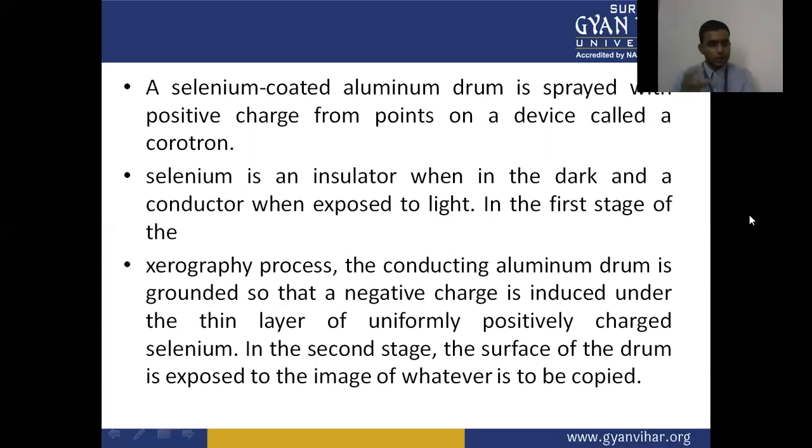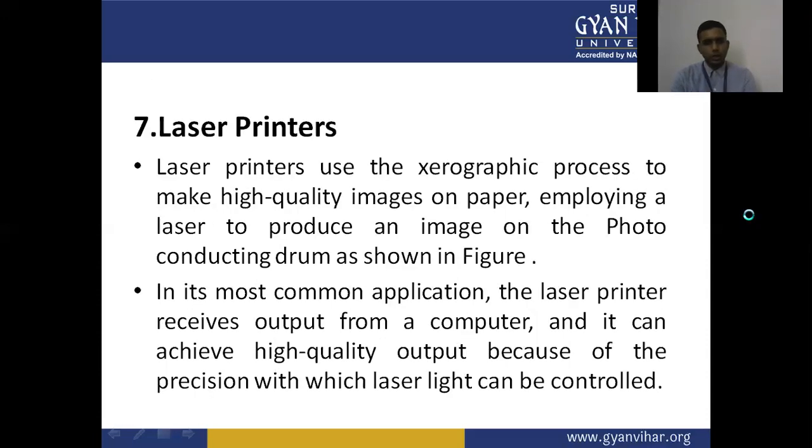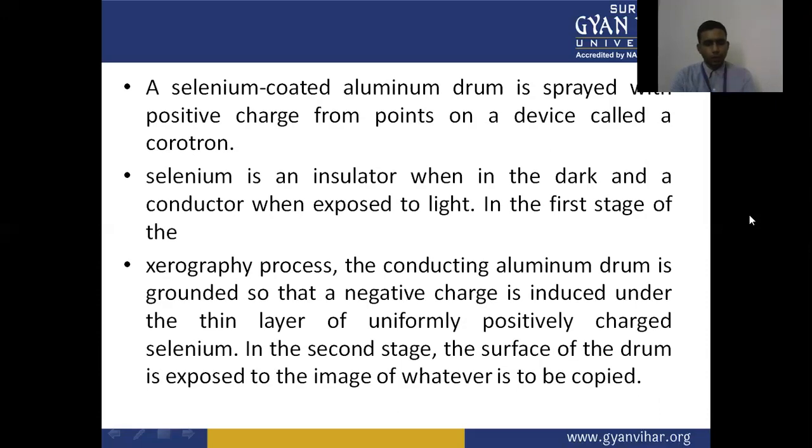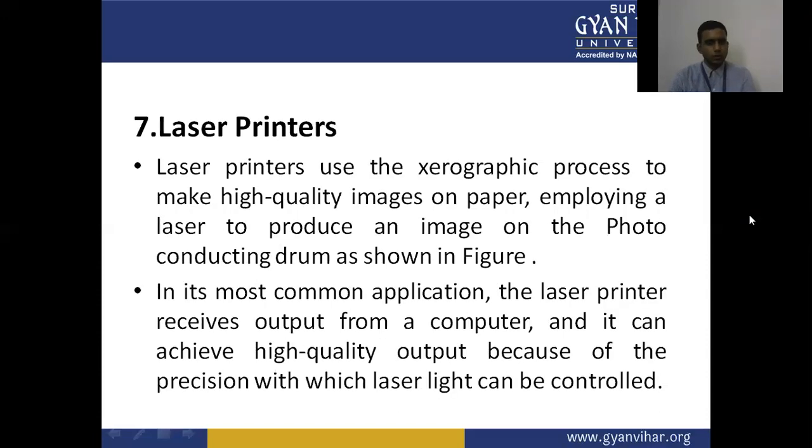In the second stage, the surface of the drum is exposed to the image of whatever is to be copied, which means we develop a positive image of our required document. After that, it develops a negative copy by selenium insulators, and the image is produced on the paper.